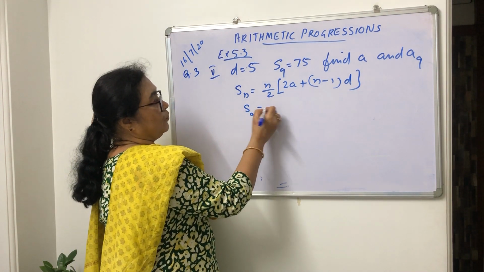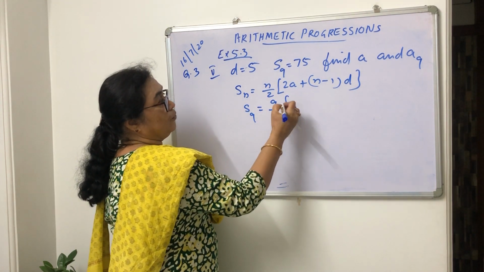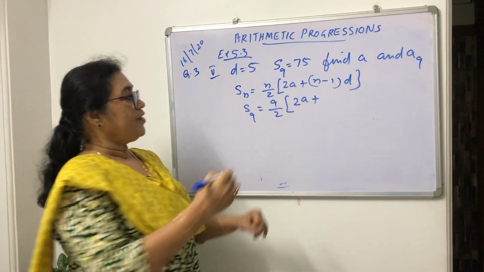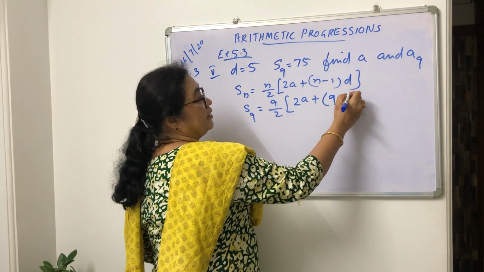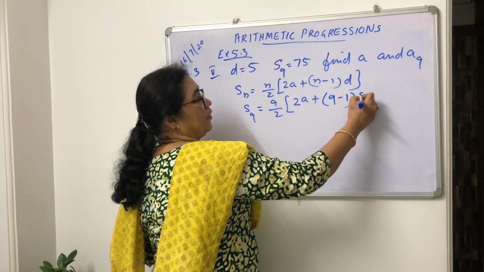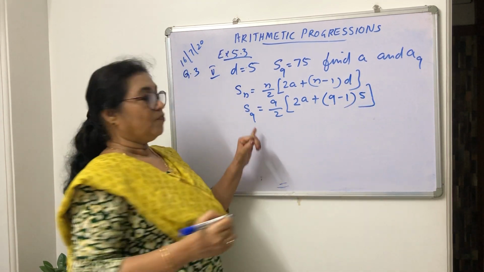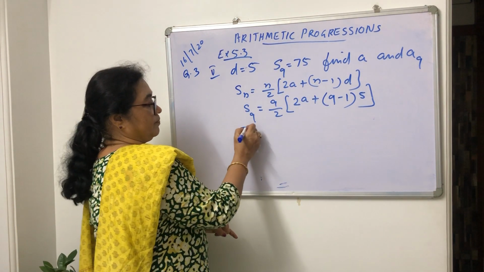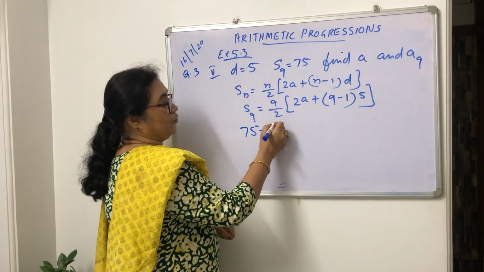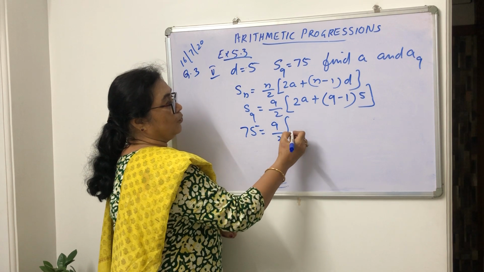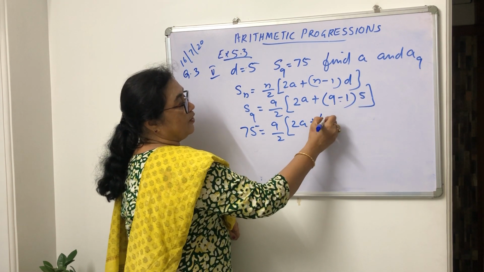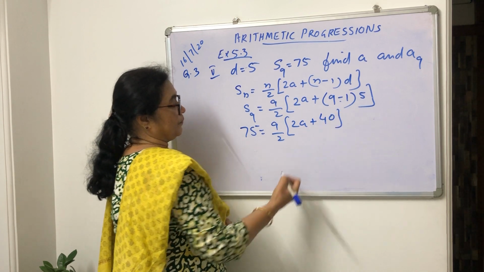S9 equal to 9 by 2, 2a plus n is 9, 9 minus 1 into d is 5. What is the value of S9? 75. 75 equal to 9 by 2, 2a plus 8 into 5 is 40.